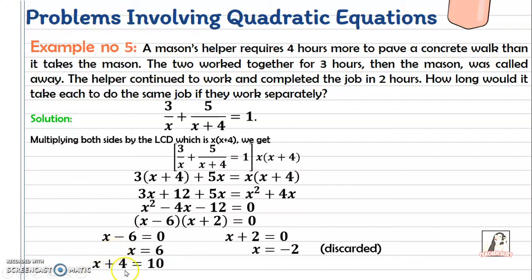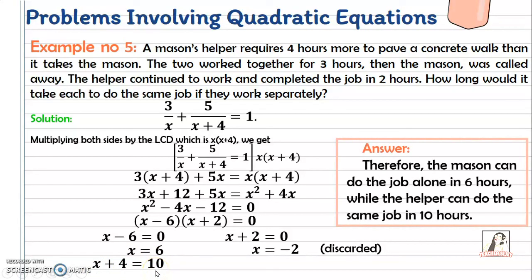So, we have x plus 4 equals 10. Kasi kapag sinubstitute natin si x, si 6 kay x, ang magiging sagot po ay 10. 6 plus 4 is equal to 10. So, our answer here is the mason can do the job alone in 6 hours while the helper can do the same job in 10 hours.